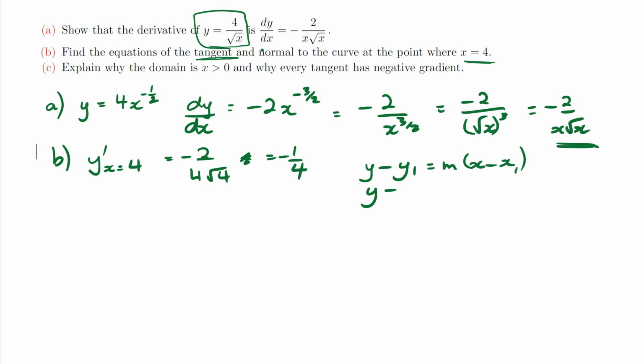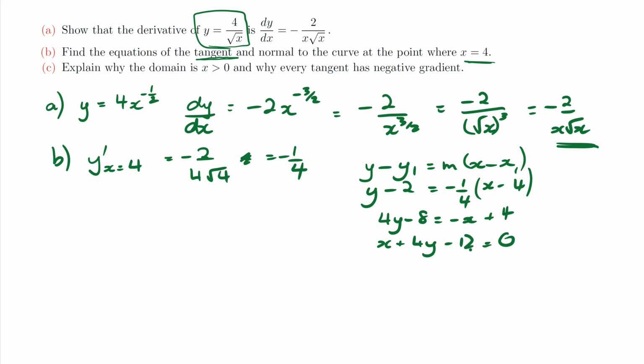So 4 on root 4 is 4 on 2, which is of course 2. So y minus y1 equals minus 1/4 x minus x1. Multiply through by 4, so 4y minus 8 is minus x plus 4. So x plus 4y minus 12 equals 0 is the equation of the tangent.